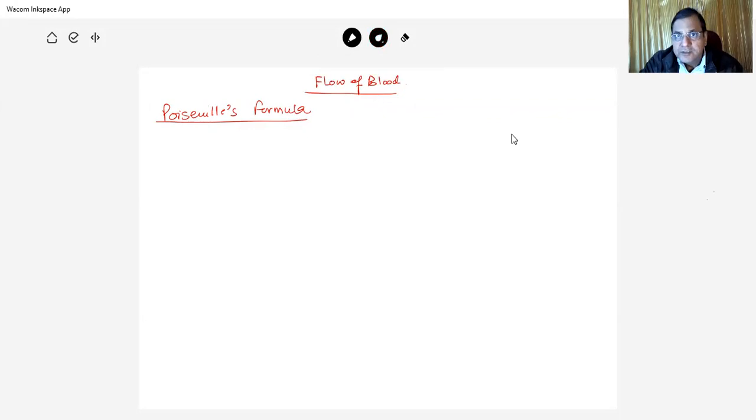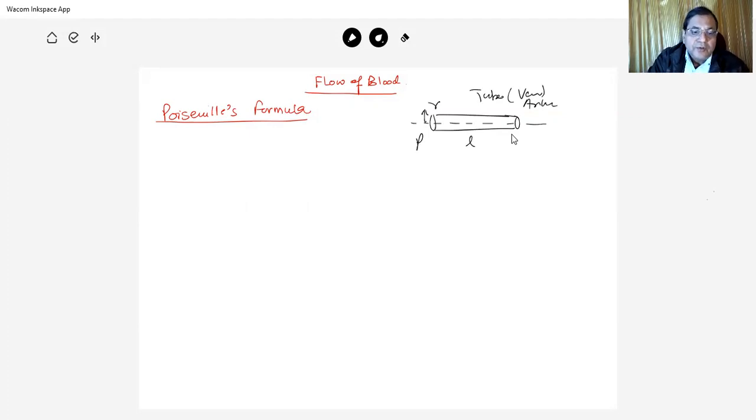Suppose this is the tube, either a vein or an artery, whatever it may be. The length of the tube is L, and the radius of the tube is R. Then the pressure difference is P.